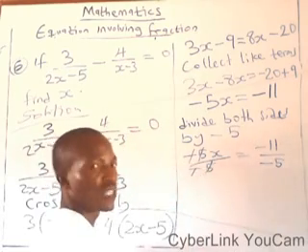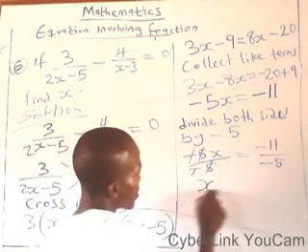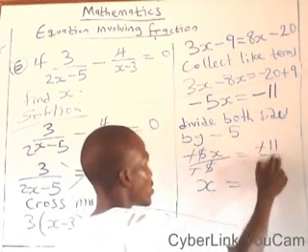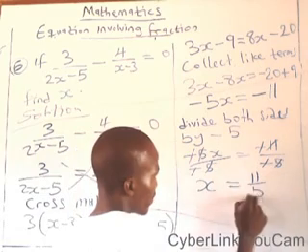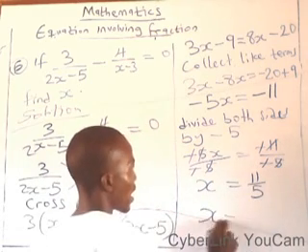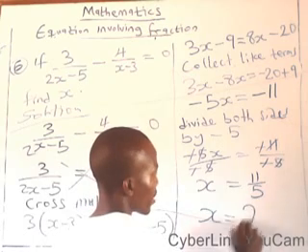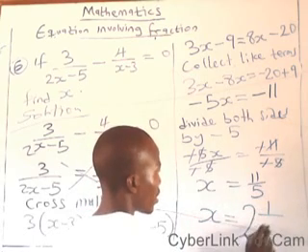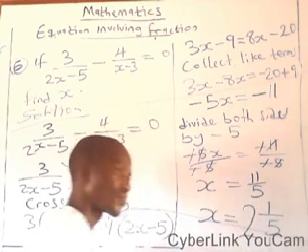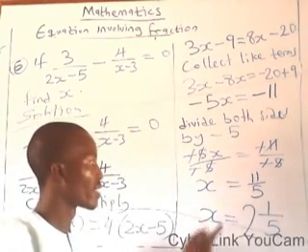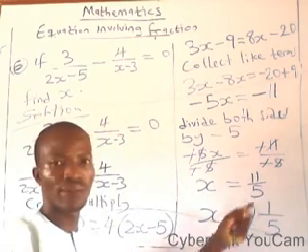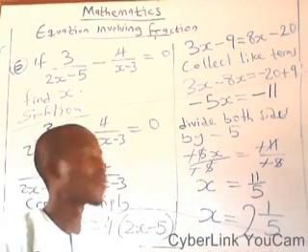Minus, we cancel minus; 5, we cancel 5. x is equal to 11 over 5, which is the same thing as 2 whole number 1 over 5. Our value of x is 2 whole number 1 over 5.